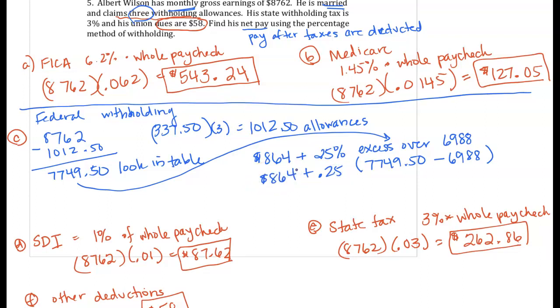When we make that subtraction operation, I have $761.50. Remember, that's going to be multiplied by the 25%.